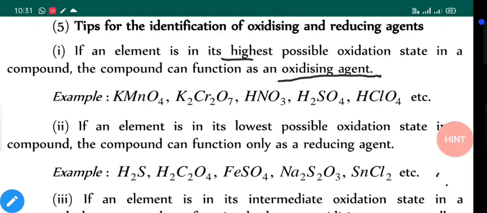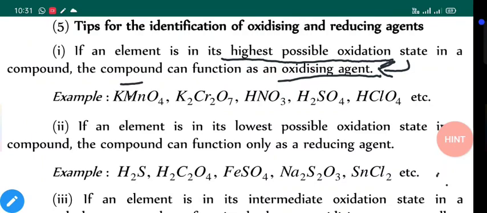So if the highest possible oxidation state is achieved, then we have only one possibility: oxidizing agent behavior, or reduction of itself. Here we have some examples, and if we check the oxidation states, you will notice they have very high oxidation states.